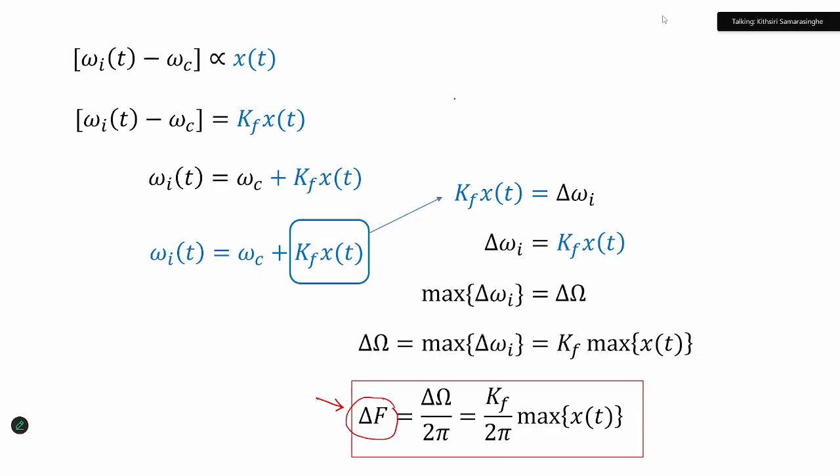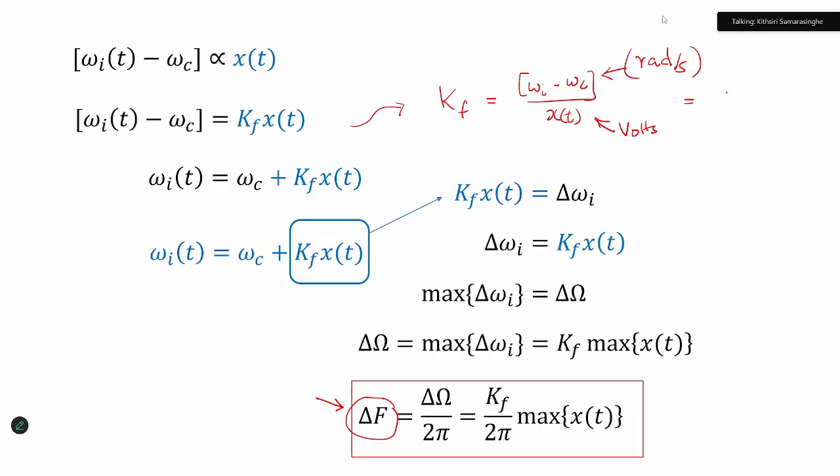With respect to dimensions, you can notice here kf is omega i minus omega c divided by x(t). So what will be the units? This will be radians per second. This will be volts.